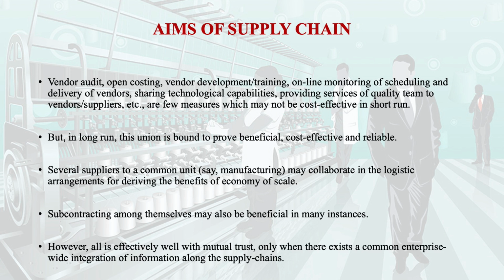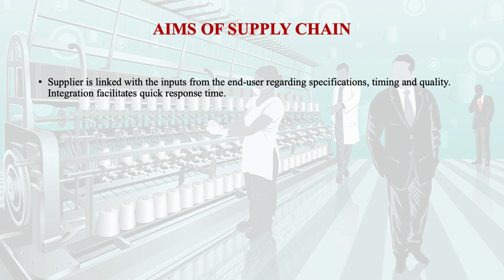However, all is well and effective with mutual trust only when there exists a common enterprise-wide integration of information along the supply chain. Here the supplier is linked with the input from the end user regarding the specification, timing, and quality.